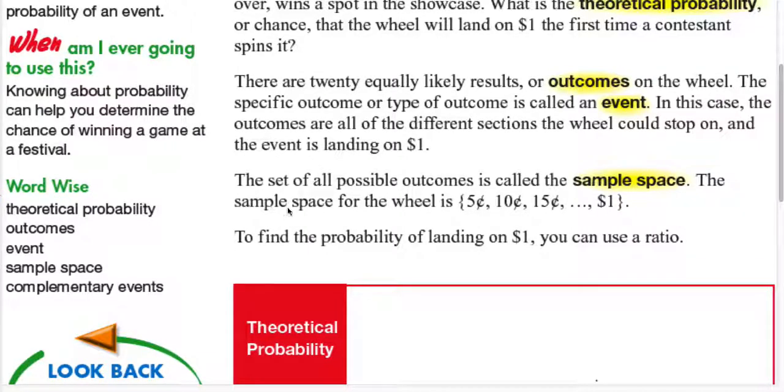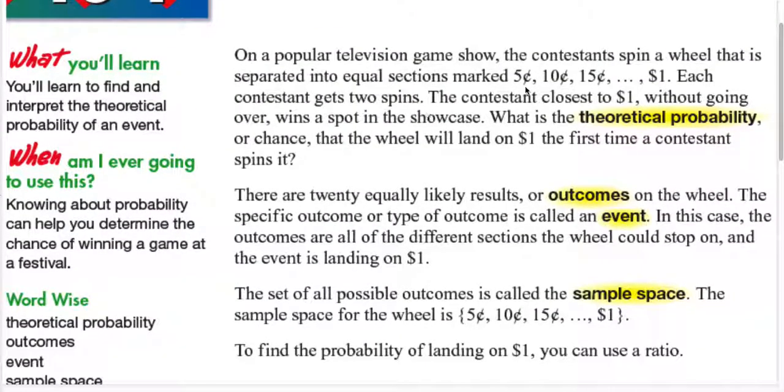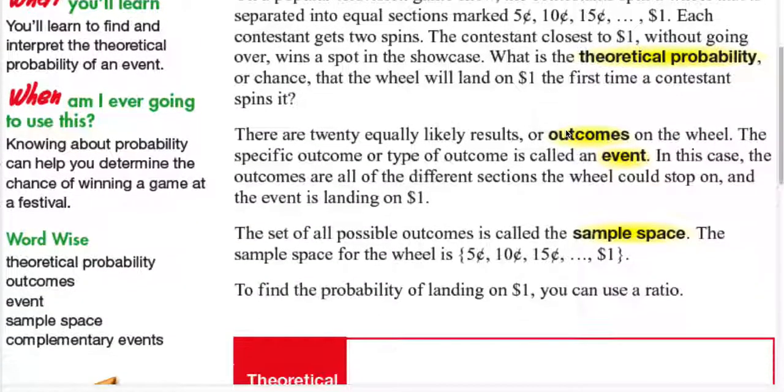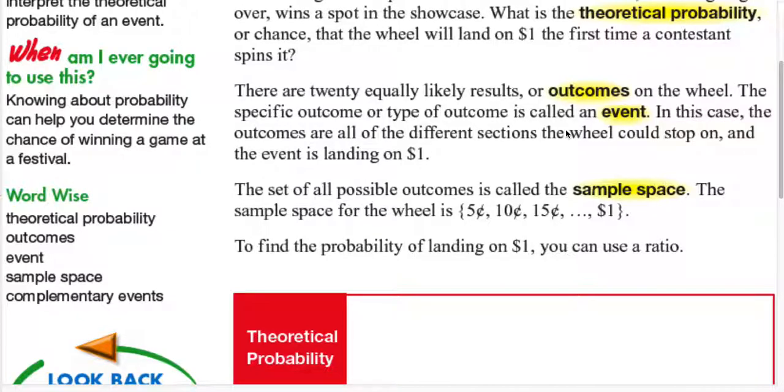Okay, so the set of all possible outcomes is called the sample space. Basically, all the possible outcomes 5, 10, 15, 20, 25, 30, 35, 40, 45, 50, 55, 60, 65, 70, 75, 80, 85, 90, 95 and $1 are all part of the sample space, and that's what you have here.